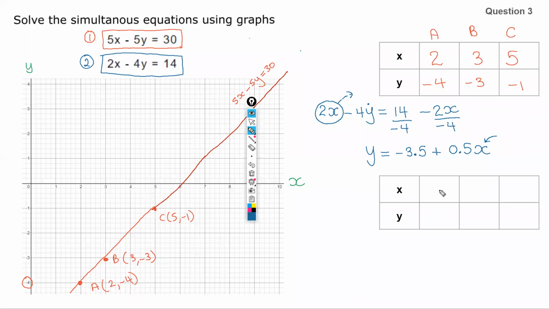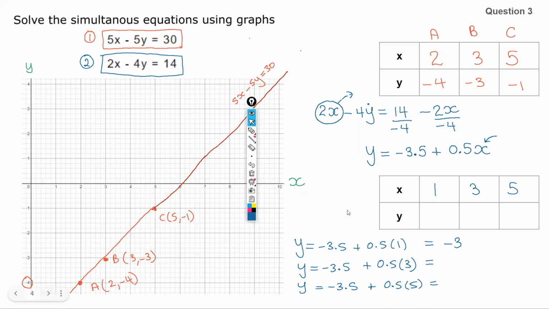So let's choose, how about 1, 3, and 5. Let's calculate the corresponding y values. You think you all could do that? Calculate the corresponding y values if we choose x as 1, 3, and 5. All right.